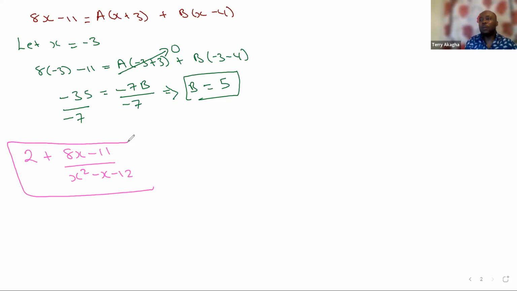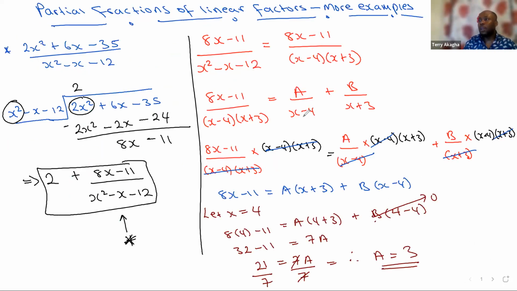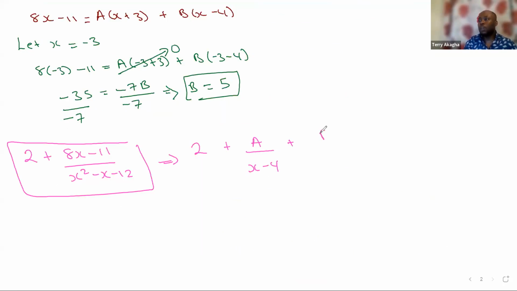Then the answer we had, we now broke it into partial fraction of 2 plus a over x minus 4 and b over x plus 3. Now we know the value for a and b, so the final answer we're going to get is 2 plus, we know our a is what? 3 over x minus 4 plus our b now is what? 5 over x plus 3.